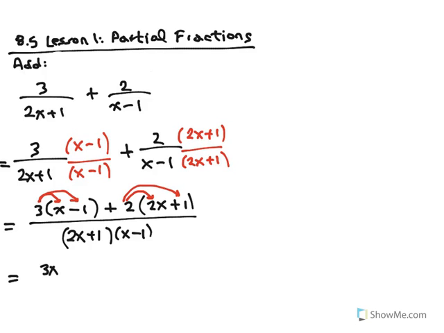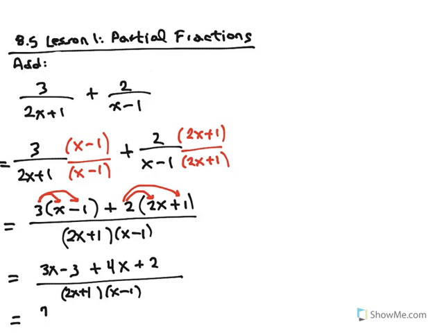So we have 3x minus 3 plus 4x plus 2, all of that over 2x plus 1 times x minus 1. And when we combine like terms in the numerator, we will have 7x minus 1 over 2x plus 1 times x minus 1.